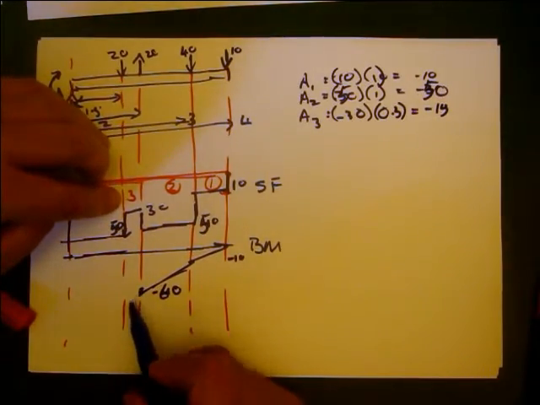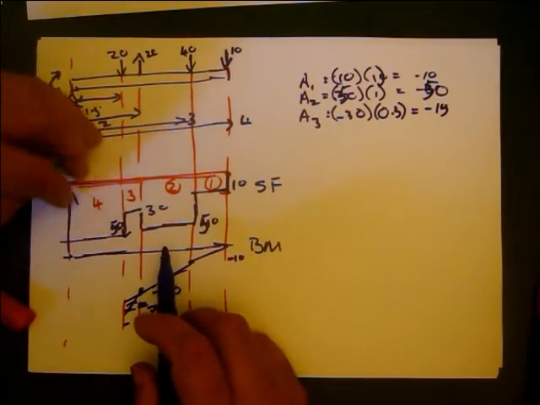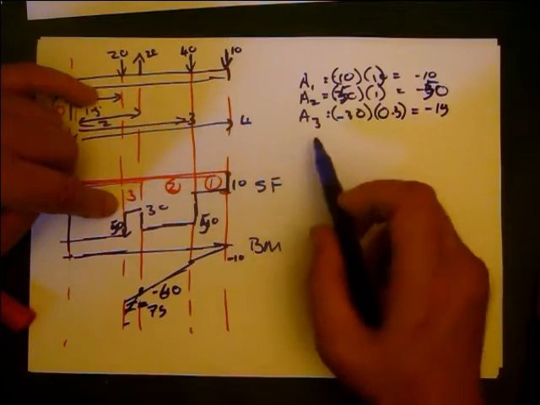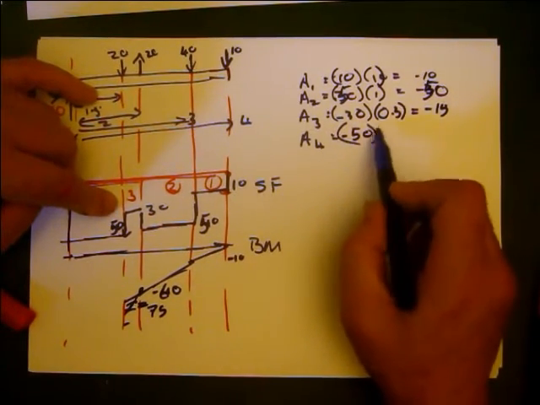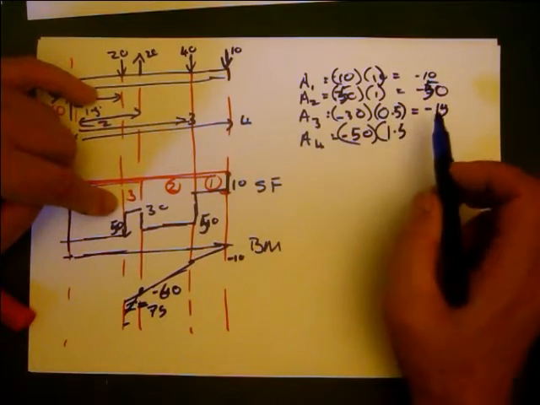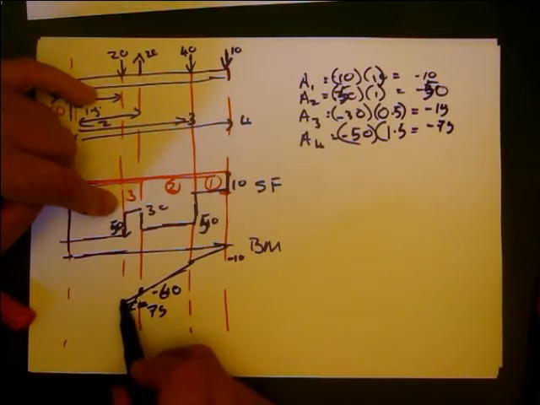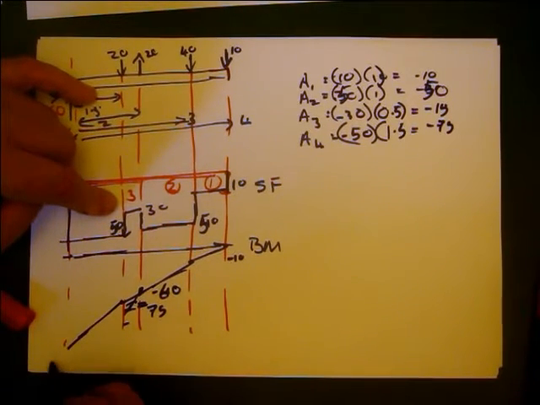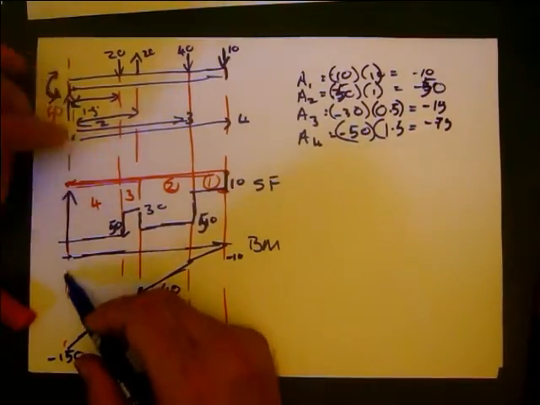So on the negative 60, we add another negative 15, so that should be shallow, negative 75. Then here we've got 50, and area 4 is equal to negative 50 times 1.5, which is negative 75. We're already at negative 75, so we end up with negative 150. And that's going to be our fixing moment.